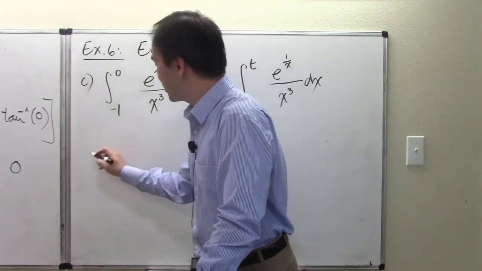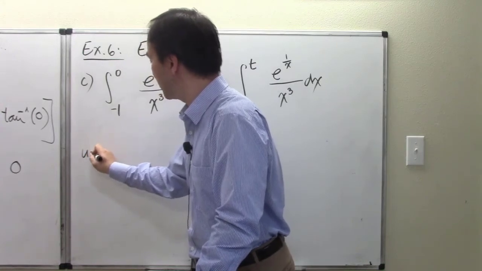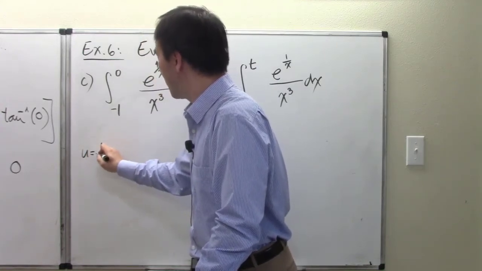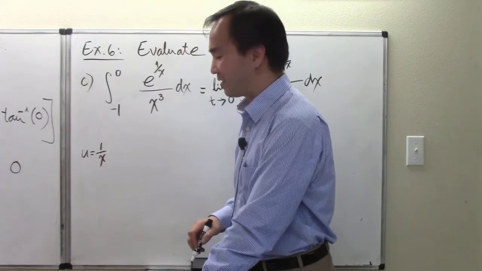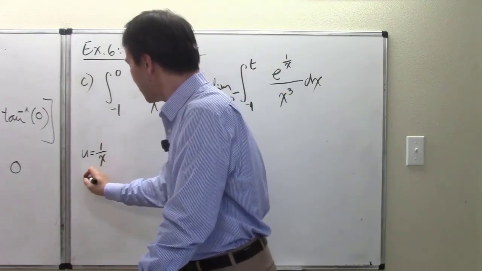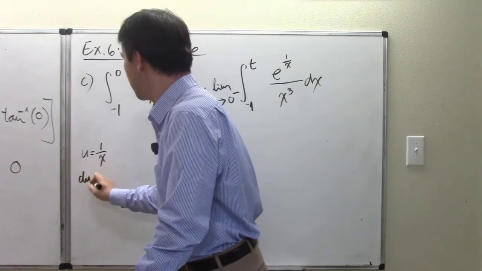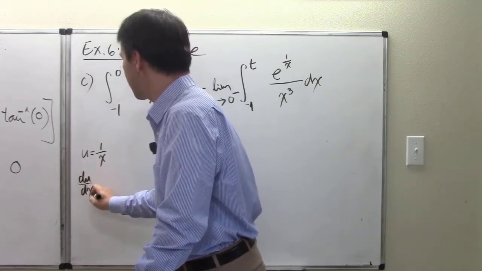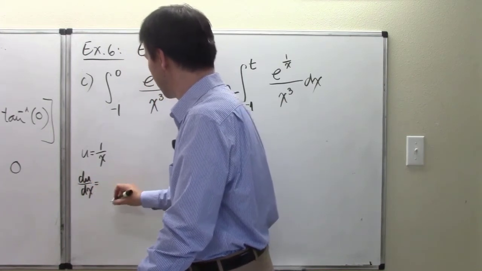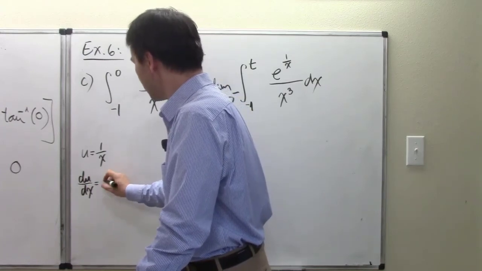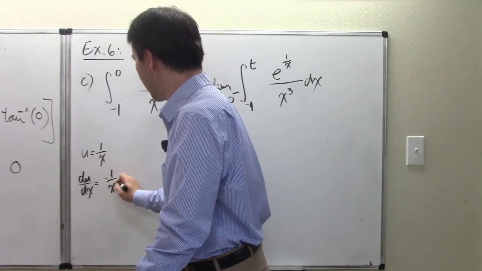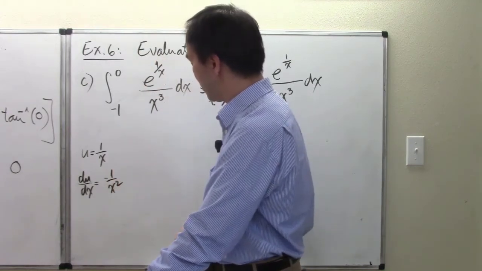I am going to let u equal 1 over x. Okay, and so that means my du/dx will equal -1 over x squared.